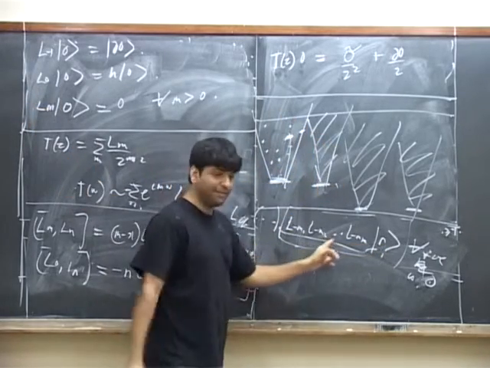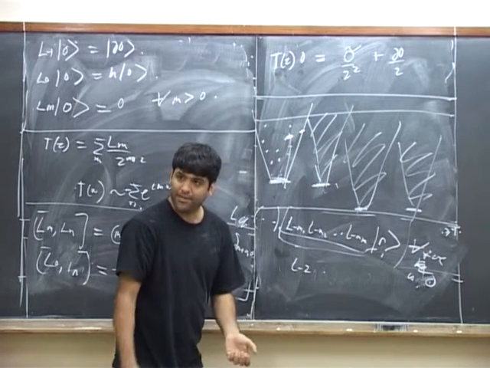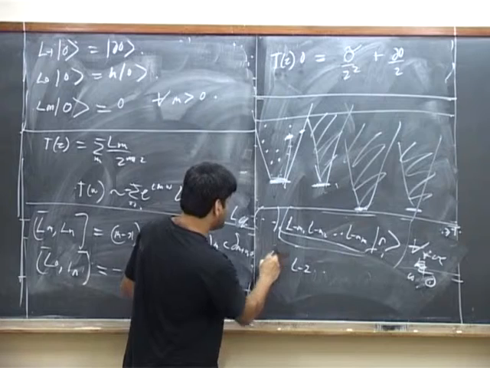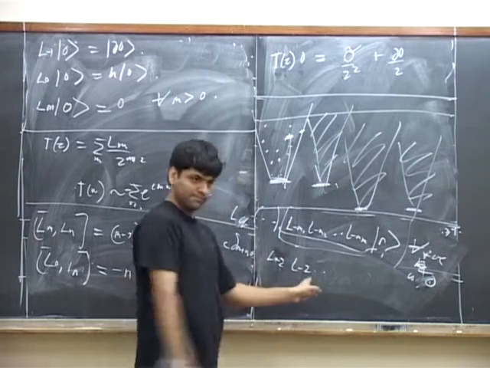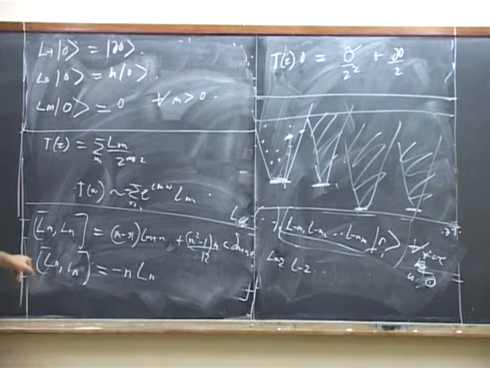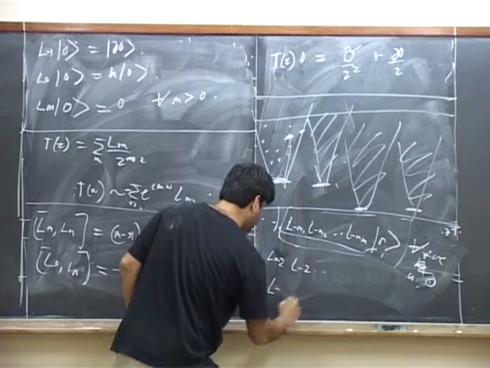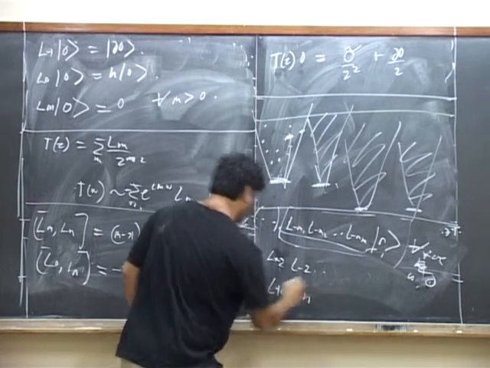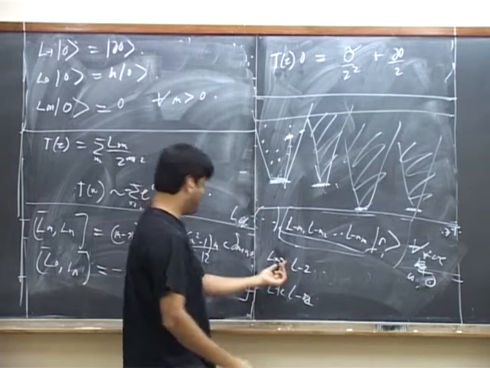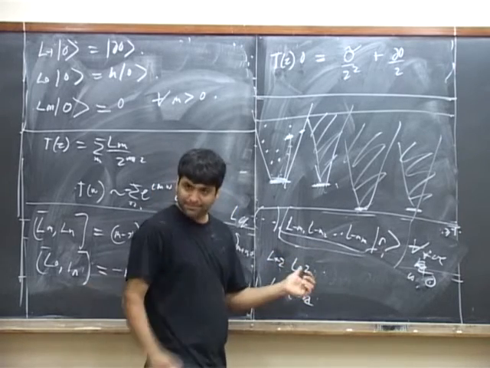But if there is something left, let's suppose there's an L minus 2 left. Then I'll act with an L plus 2 on this state. Now according to the Virasoro algebra, L plus 2 times L minus 2, I'll take the commutator. This thing annihilates the primary.